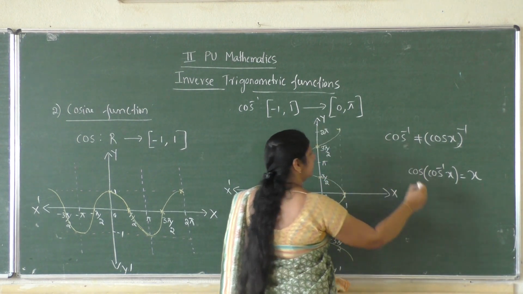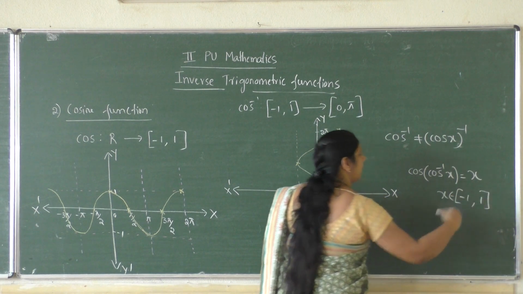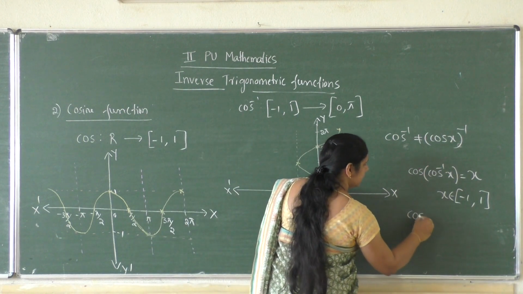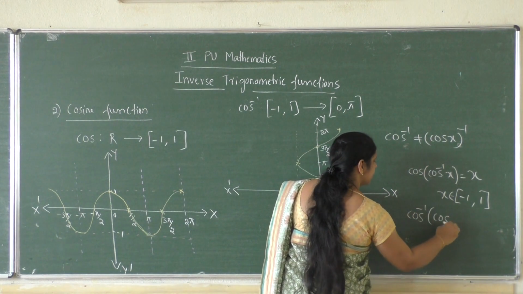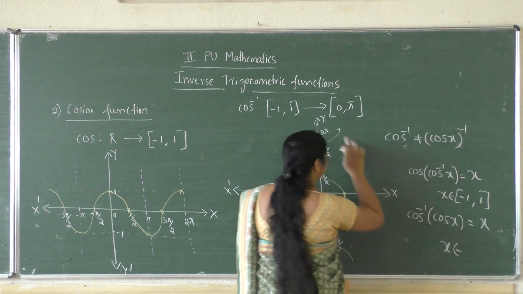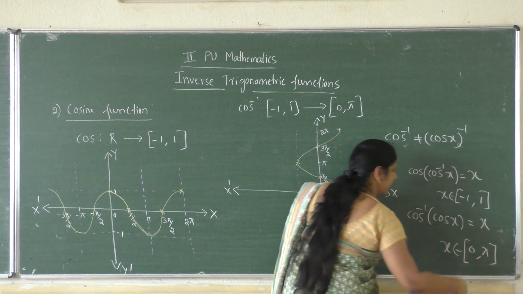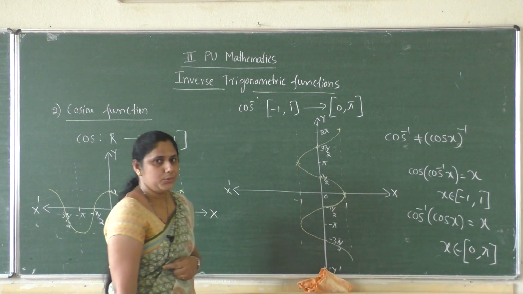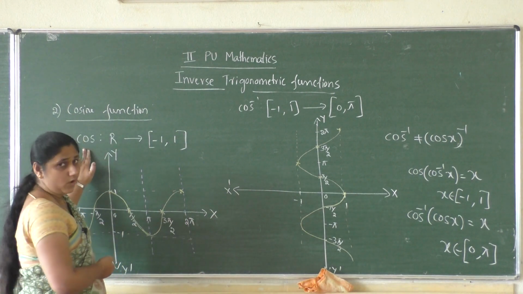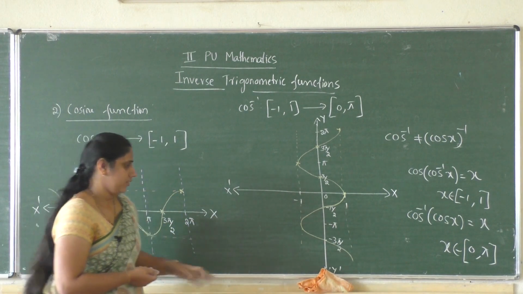What is the domain? It is the closed interval -1 to 1. Similarly, what is cos inverse of cos x? It equals x if x belongs to this one, that is 0 to pi. So these are the two properties. So this is the graph of the cos function, and here this is the graph of the cos inverse function.